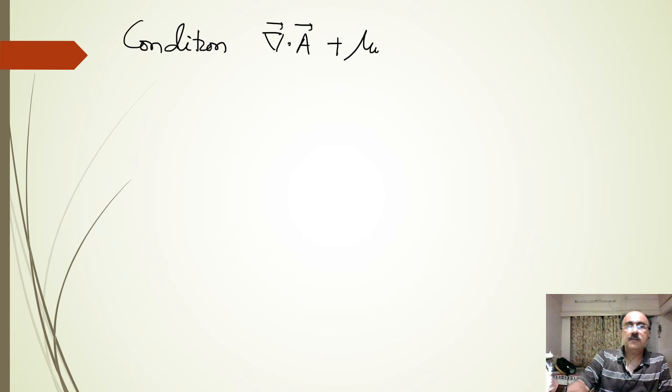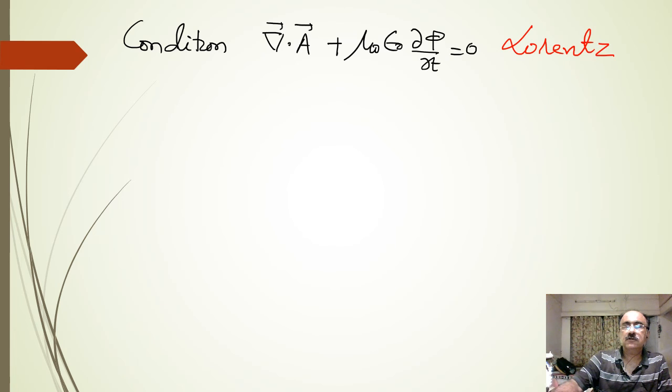So now, an important point to note is the condition divergence of A plus mu 0 epsilon naught del phi upon del t equal to 0 is called the Lorentz condition. So this is the Lorentz condition.